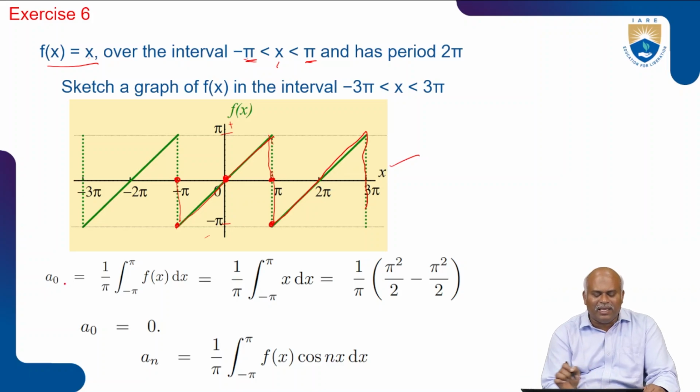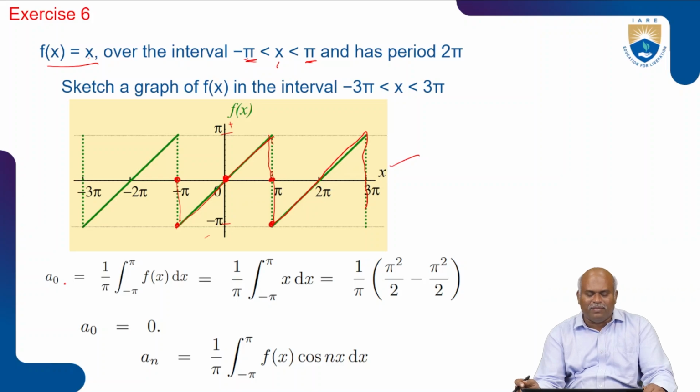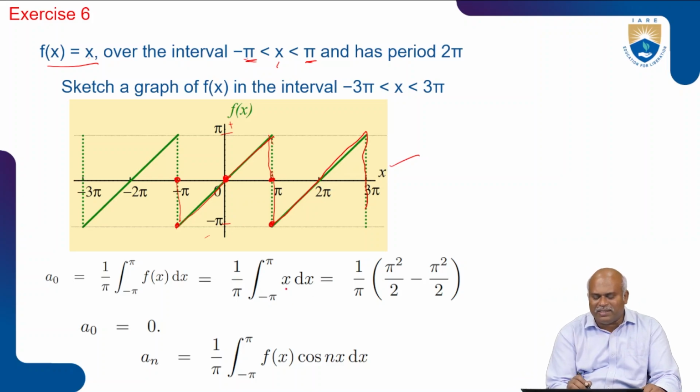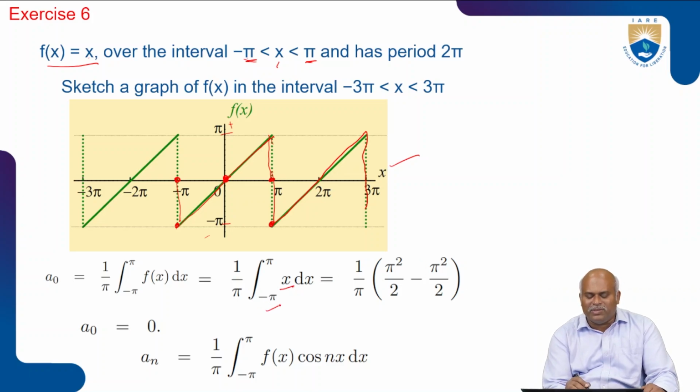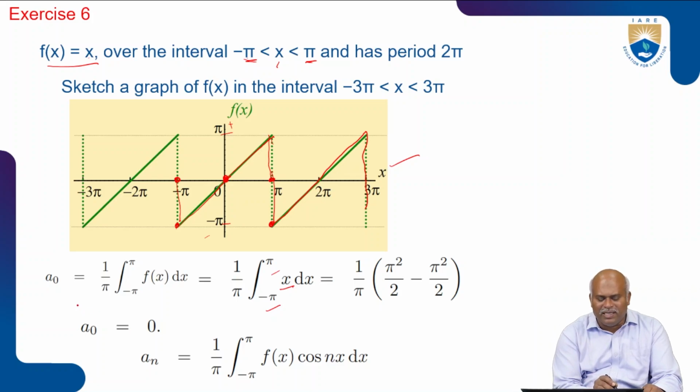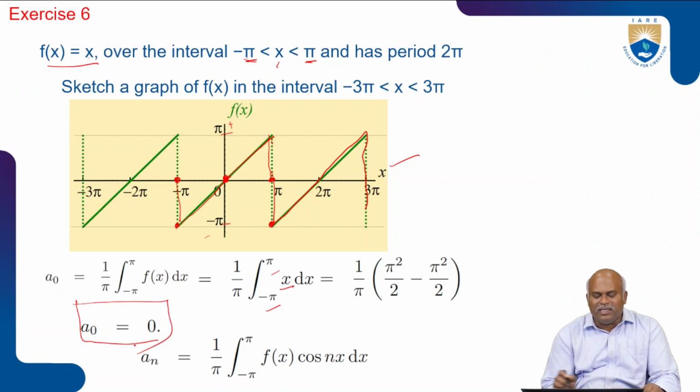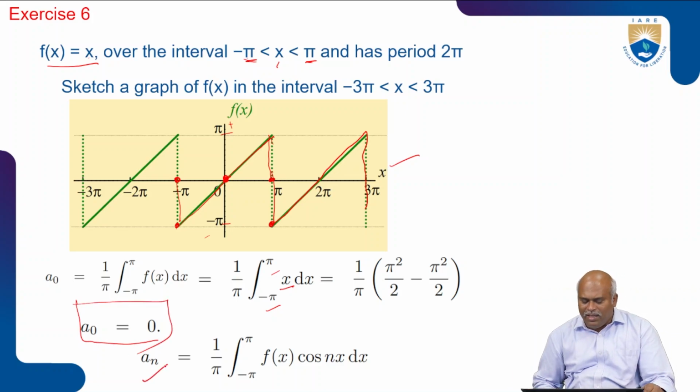So take a0. We know the formula: 1 by pi integration of minus pi to plus pi f of x dx. The f of x is represented as x. Substitute here, integrate, then substitute the interval. Then we get the output a0 equal to 0. Then we need to find a of n. A of n is equal to 1 by pi integration of minus pi to plus pi f of x cos nx dx.